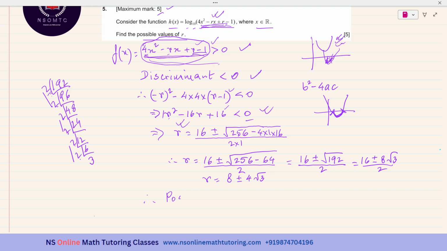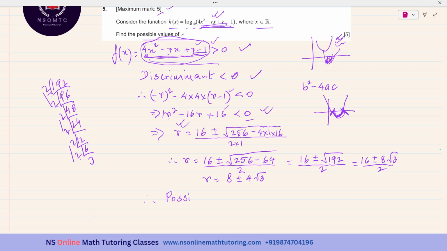So the possible values of r: 8 plus 4 root 3 is this one, and 8 minus 4 root 3 is this one. And we need the r values between these two, because then the expression value will be negative.